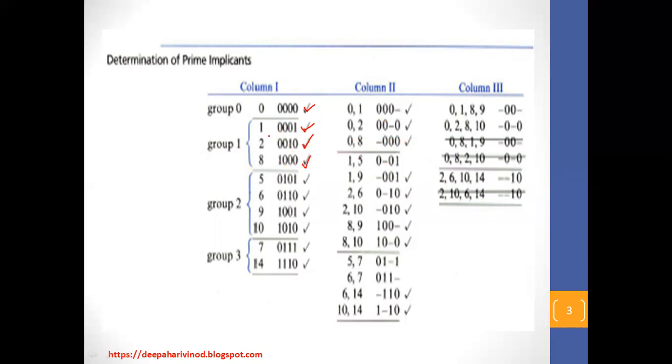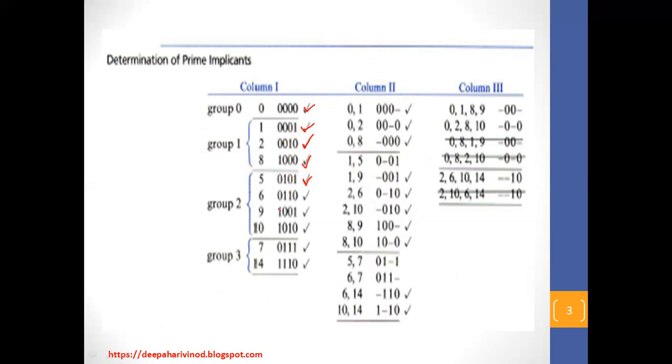Next, group 1 should be compared with group 2. 1 and 5 can be compared, as only one bit changes. Next, 1 and 6: no, 2 bits change, and this one is also changing, so more than 1 bit change is there.